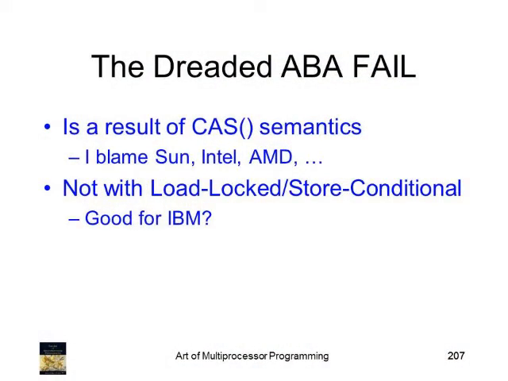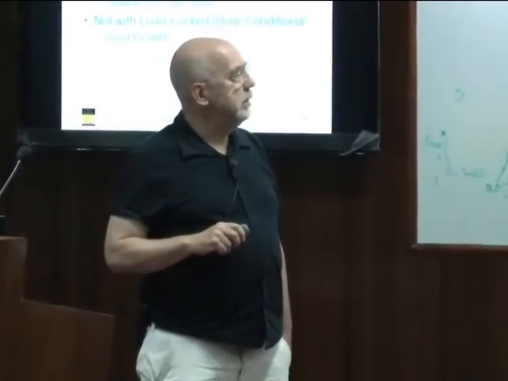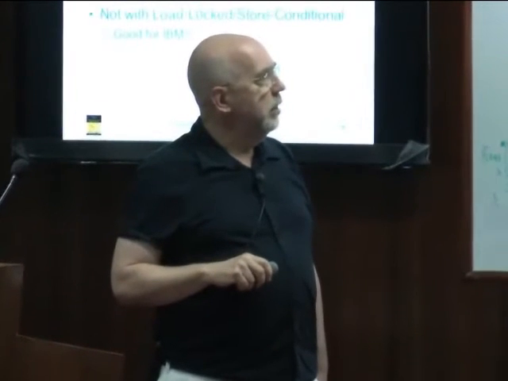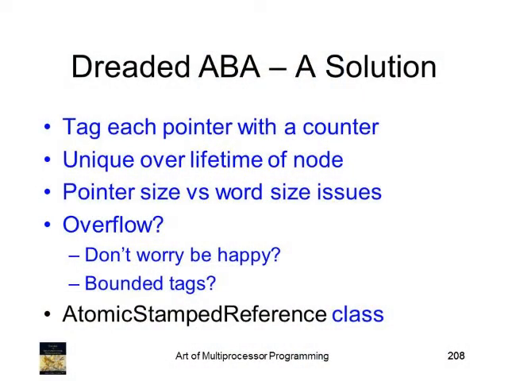So why is this? Well, this happens with compare and swap, and this is built into the architectures. There's another roughly equivalent thing called load link store conditional that the PowerPC provides that doesn't have this problem, which makes your life easier. But since most of us are doomed to use Intel machines, we have to worry about compare and swap. So one solution is you could tag each pointer with a counter.